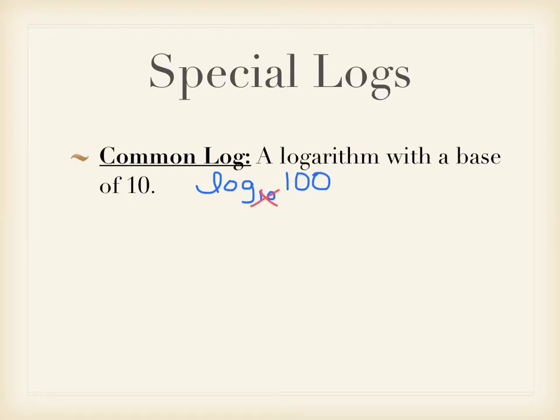We just leave it out. And if there's no base, you assume that it's a 10. If it's a base other than 10, you have to write the base there. So it's kind of like when you have a square root, we don't write the 2 on the outside, but we assume that it's there. Or when we have an x, we don't write the 1 in front of it, but we assume that it's there. With a logarithm, if there's no base written, we assume that it's a base of 10 because we assume it's a common log.